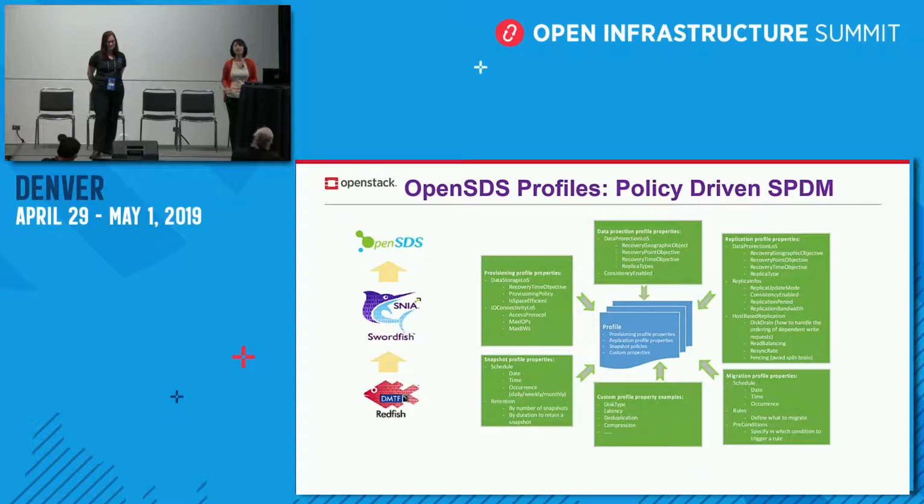OpenSDS has profiles designed based on the Swordfish spec. For the profiles, we have properties for provisioning, data protection, replication, migration, and snapshot, and you can also have custom profile properties. For provisioning properties, we have data storage line of service that's directly from the Swordfish spec.